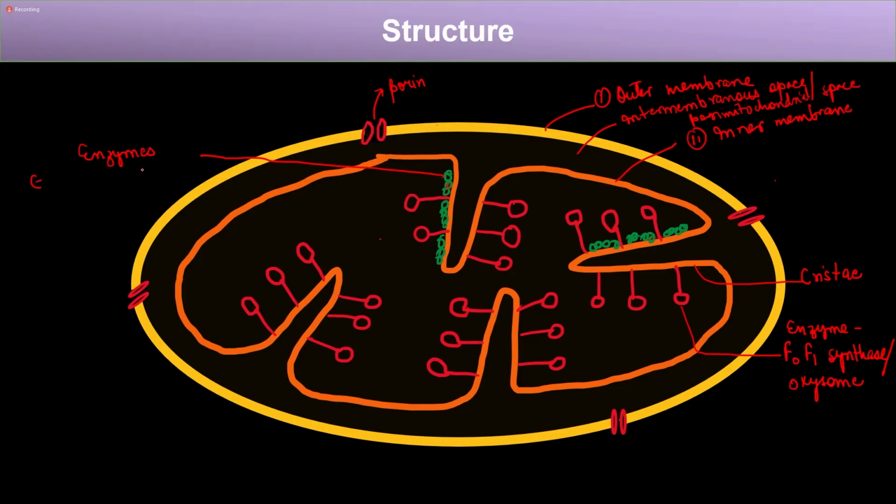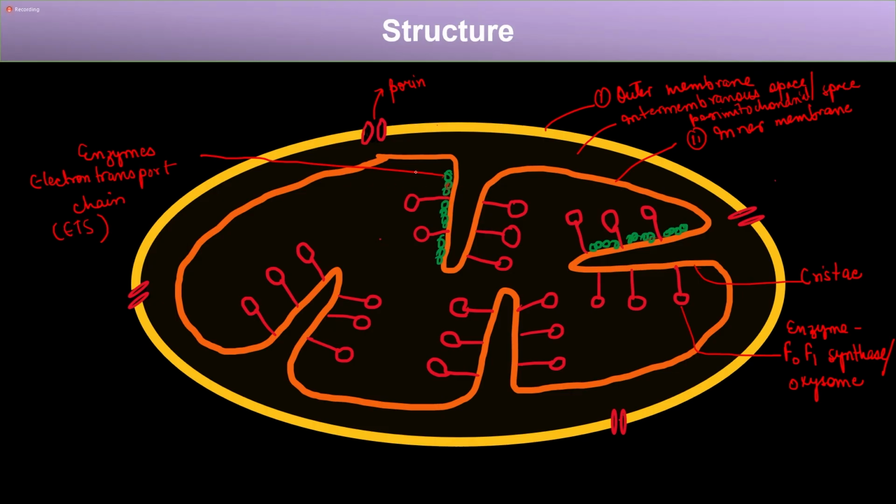The electron transport chain basically comprises a series of enzymes that are responsible for the process known as oxidative phosphorylation. For now, just remember that these are the enzymes that comprise the electron transport chain, which is responsible for oxidative phosphorylation.